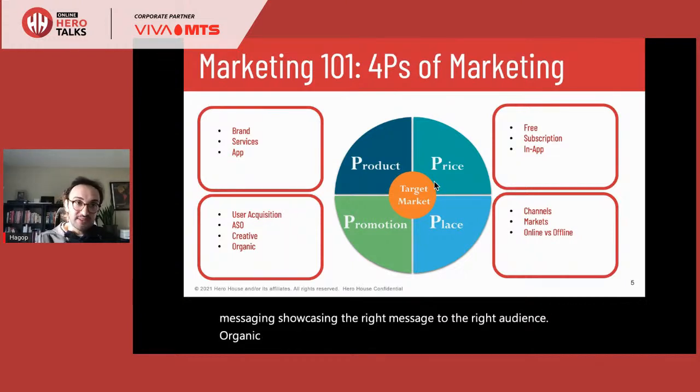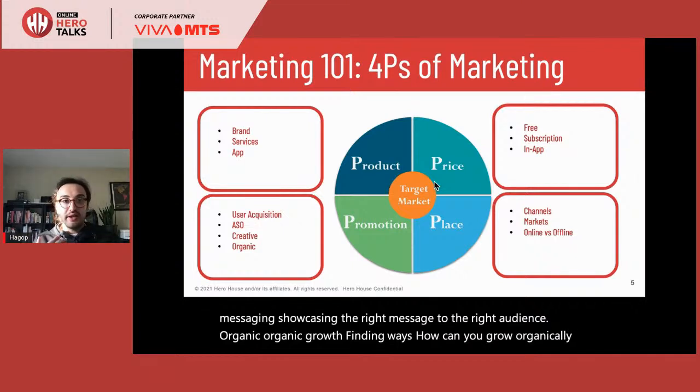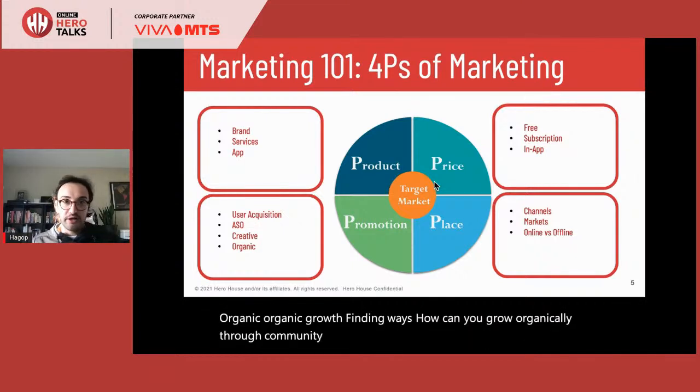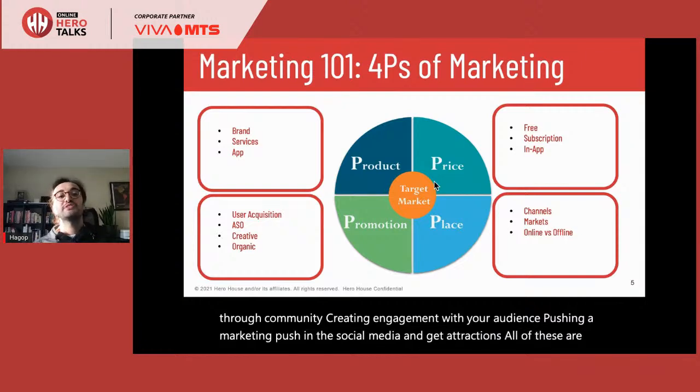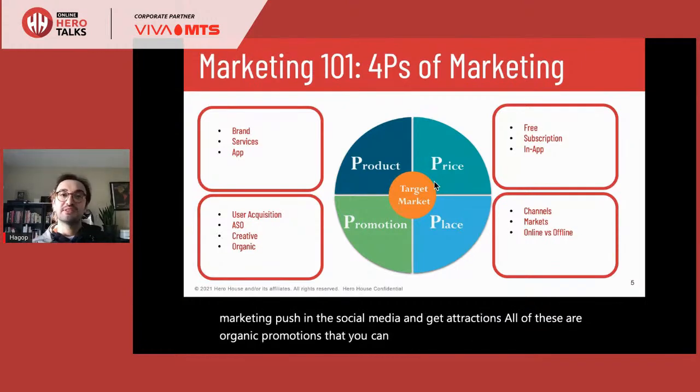Organic growth, finding ways to grow organically through community, creating engagement with your audience, pushing marketing on social media and getting traction. All of these are organic promotions that you can do to help grow your business.